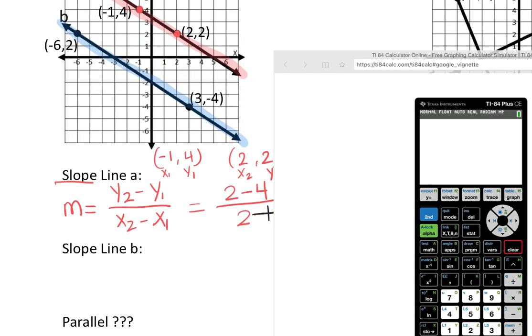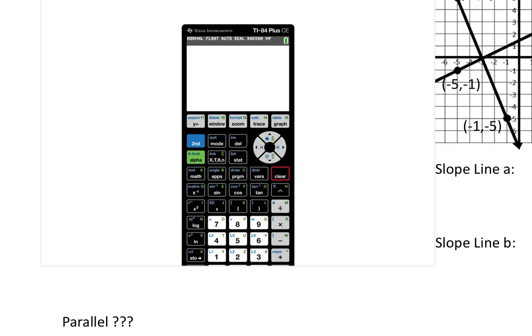So it's 2 minus 4, 2 plus 1. Delta y equals... oops, I wrote the wrong thing. Okay, so for the top part of your fraction, we're going to do 2 minus 4.